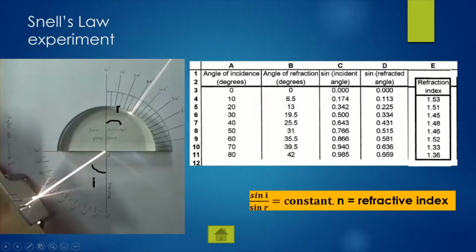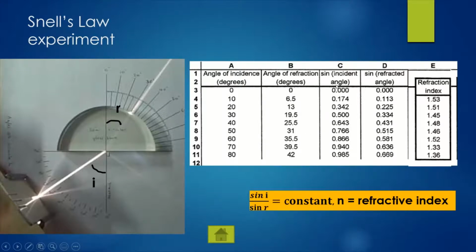We have this incident ray at this incident angle, and we see that light is refracted as it travels into the glass block, and we measure the refracted angle r. We repeat this experiment with several incident angles, let's say 10 to 80, and we measure their respective refracted angles.